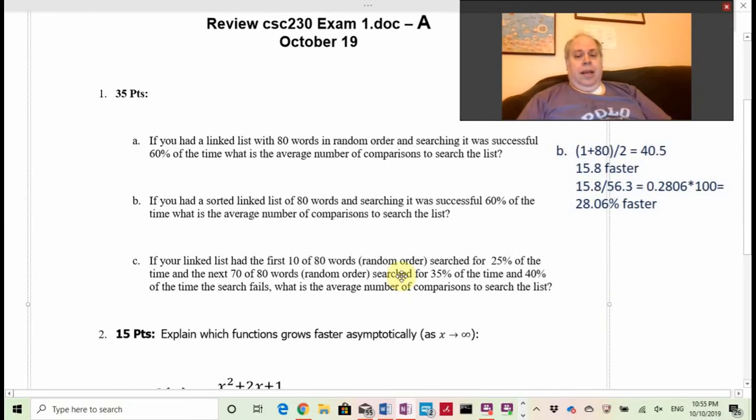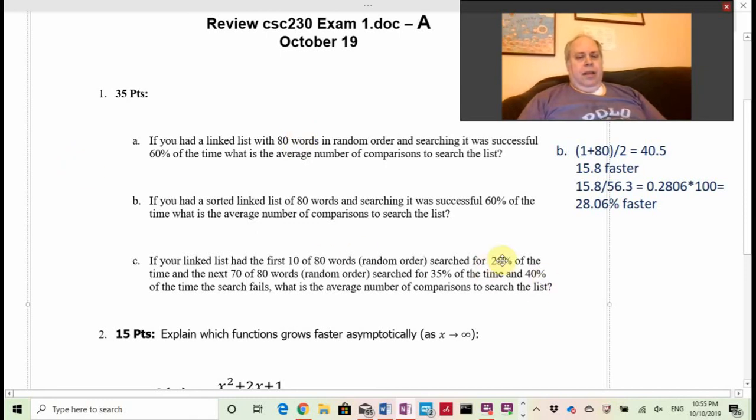Now, let's create a cache for this. So the first 10 are 25% of the time. In the earlier case, the first 10 were 1/8 of 60% of the time, which is about 7.5%.